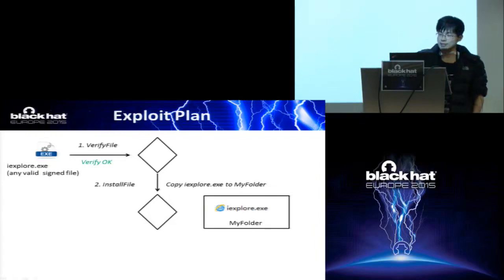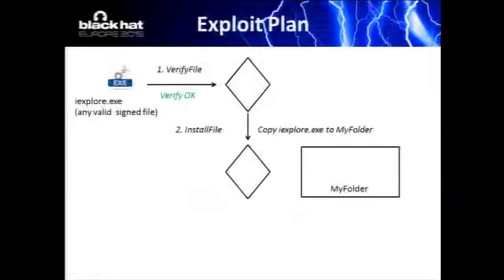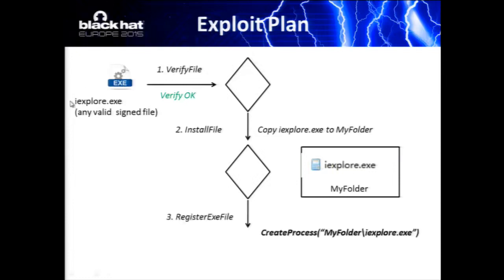And here is the most important step. Before we call the third step, we delete the Internet Explorer file and replace it with our own executable. You can see we just replace it with a calculator named iexplore.exe here, and then we call the third step, register exe file.